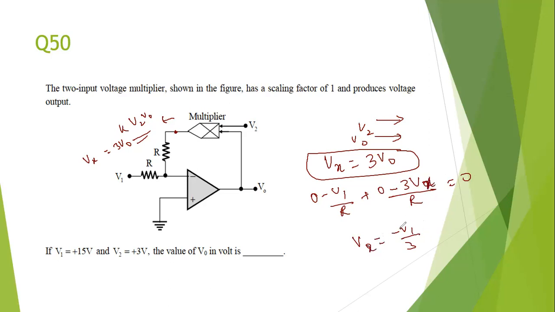So Vx equal to minus V1 by 3, that is 3 V0 equal to minus V1 by 3. V1 is plus 15 volt. Just put the value.